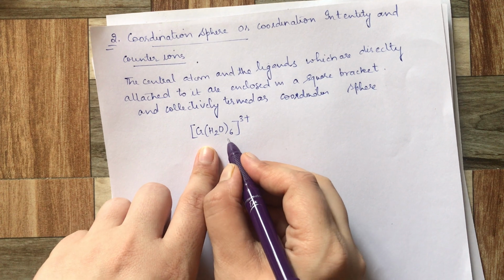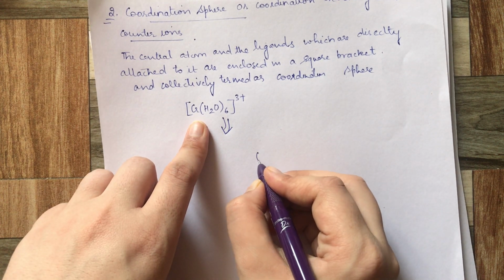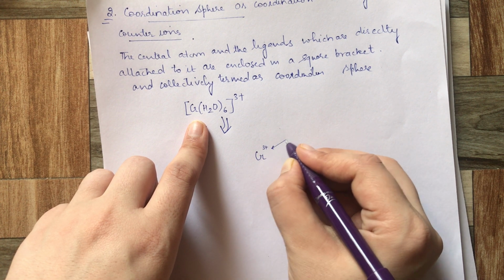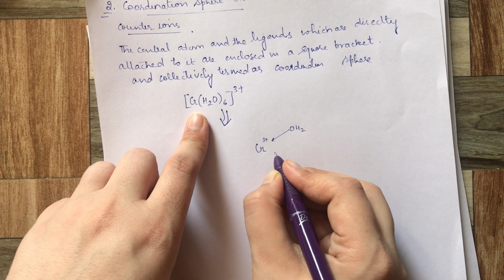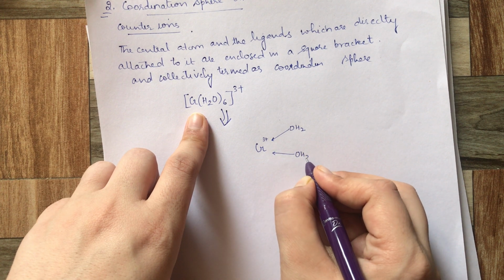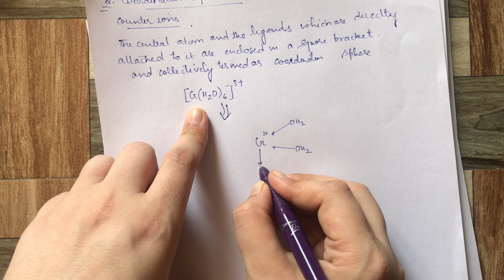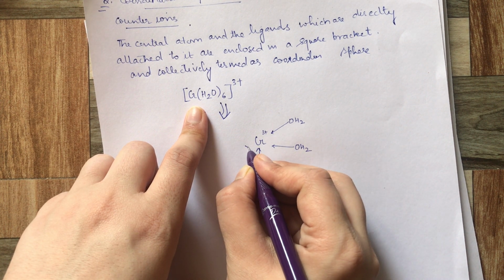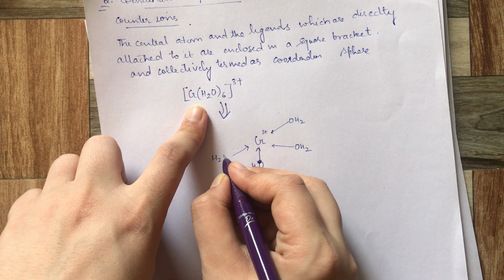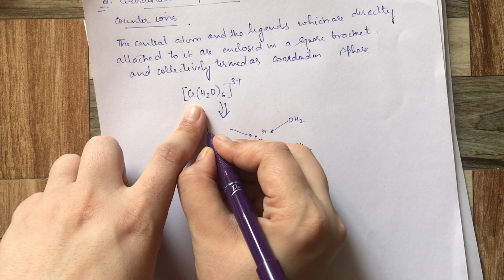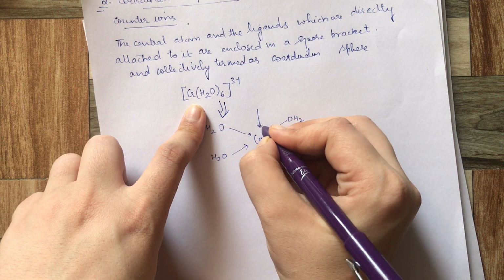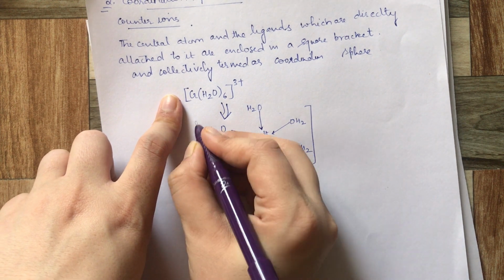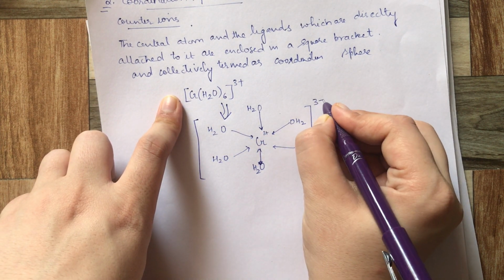So how can this be observed? We have chromium 3+ surrounded by six water molecules, enclosed in the square bracket.